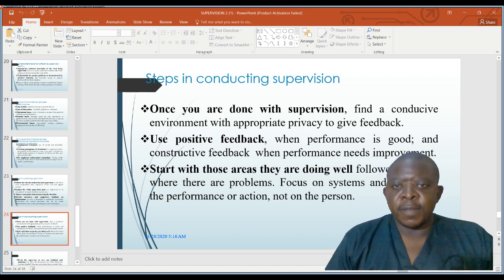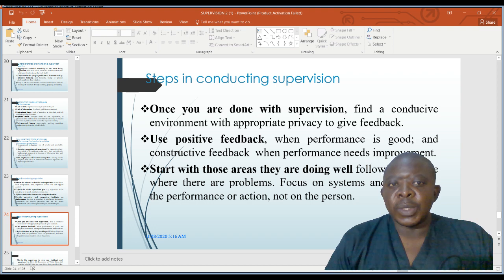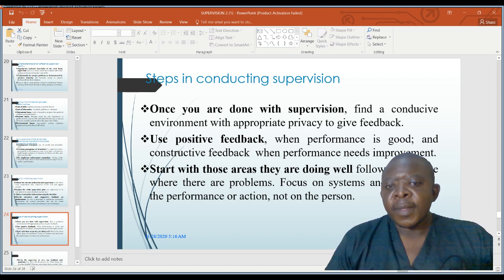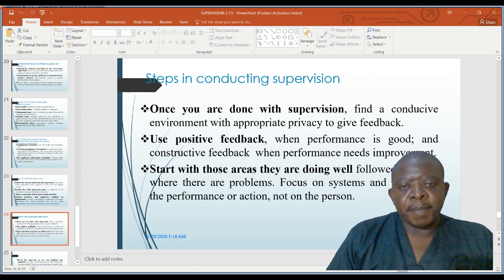Use positive feedback when performance is good and constructive feedback when performance needs improvement. Start with those areas they are doing well, followed by those where there are problems. You can focus on systems and processes, the performance or action, not on the person.